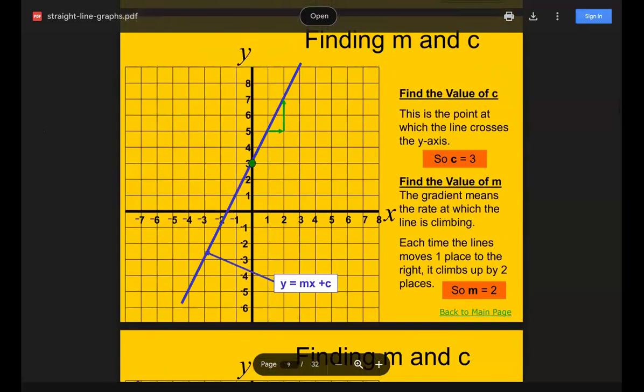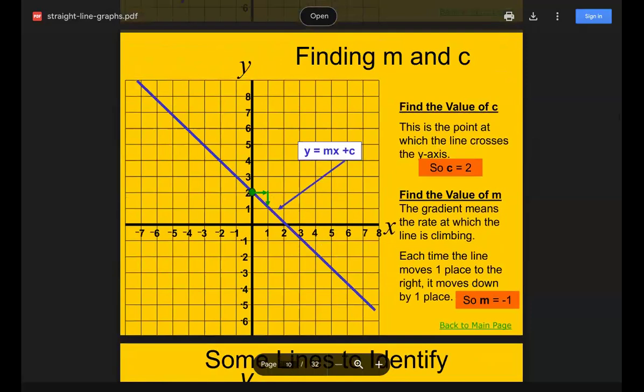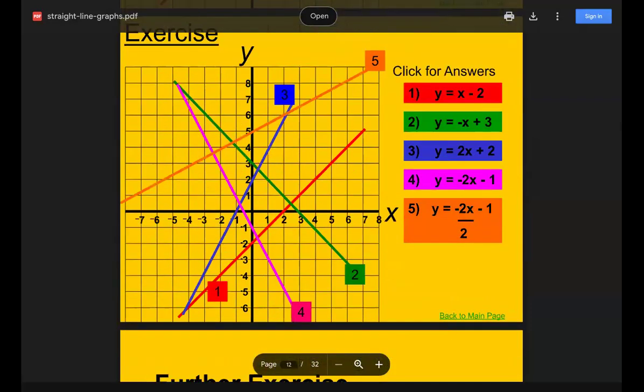In this graph, can you tell me what the y-intercept is? Yusuf, can you tell me? Is it 3? 3, thank you. So where it crosses the y-axis. What about this one? 2. Yes, 2, thank you.